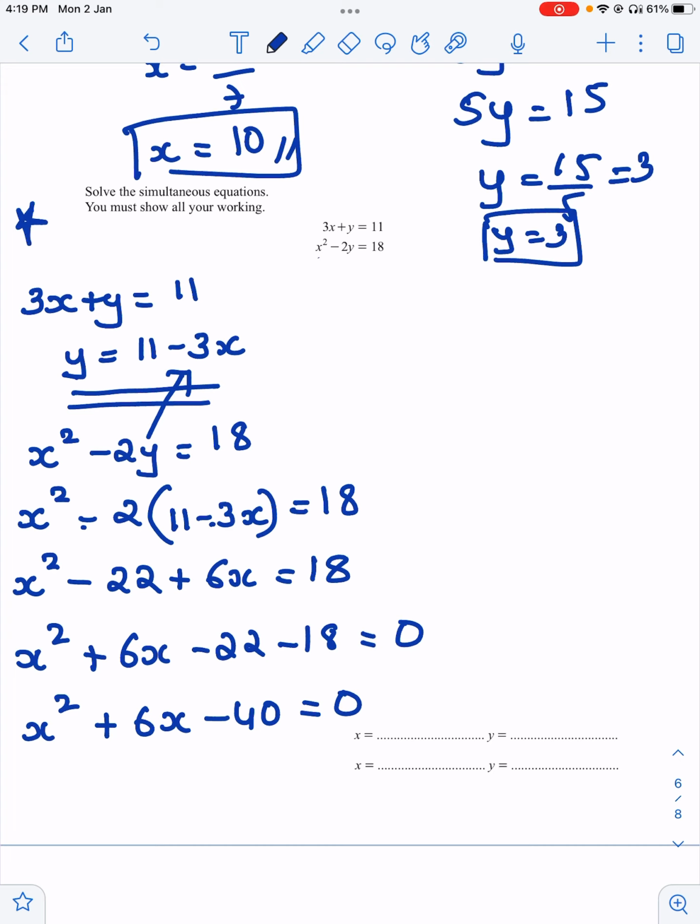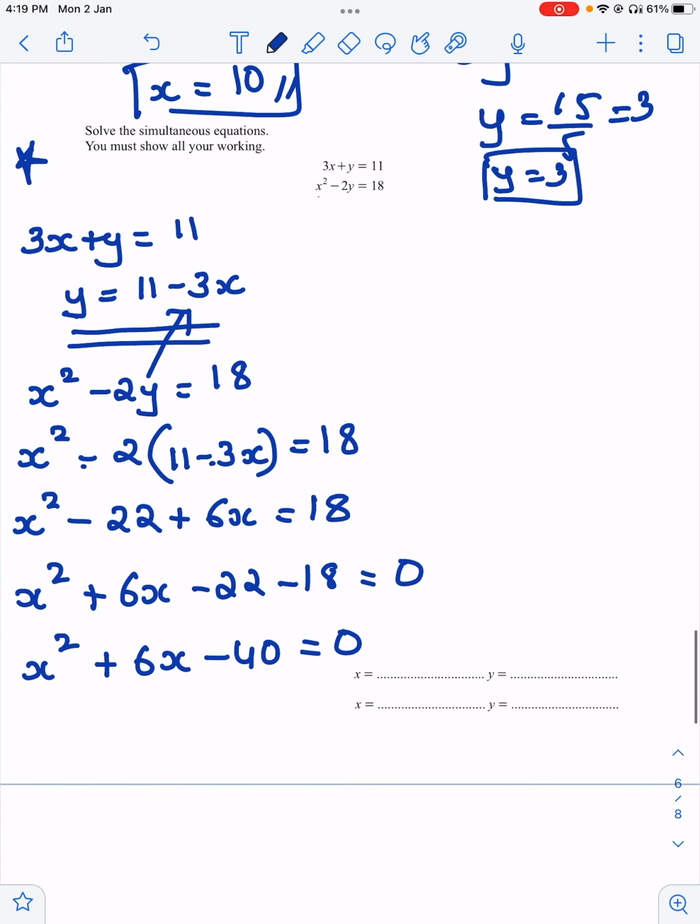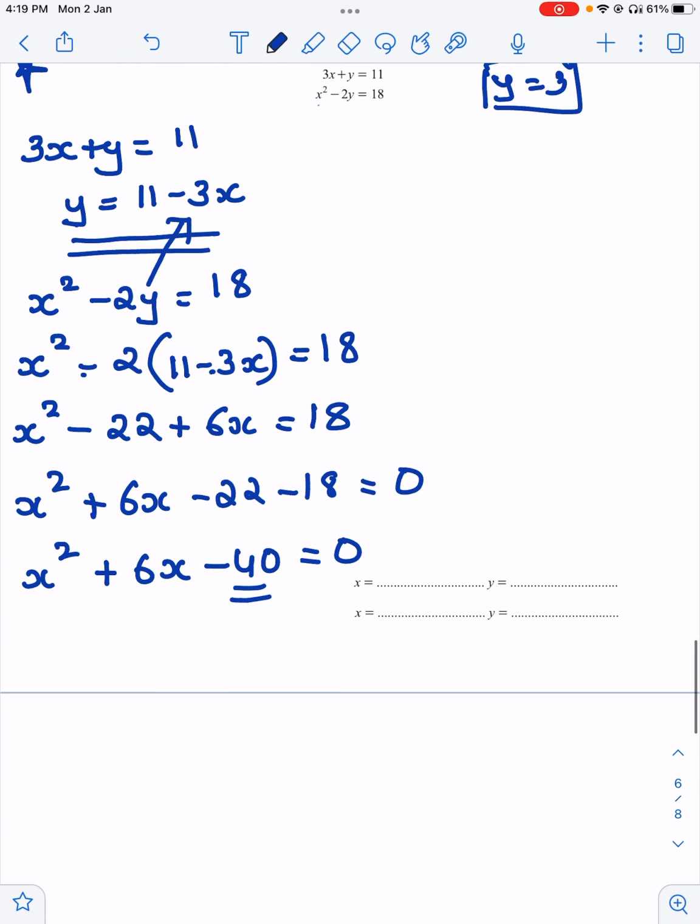Now this is a quadratic equation which is done by splitting the middle term. What I do, I take the last term as minus 40 and I find out its two factors which when multiplied should give me minus 40, but when added or subtracted should give me 6. So let's see. I take the factors 10 and 4. As the first sign is positive, the bigger number will always have the first sign.